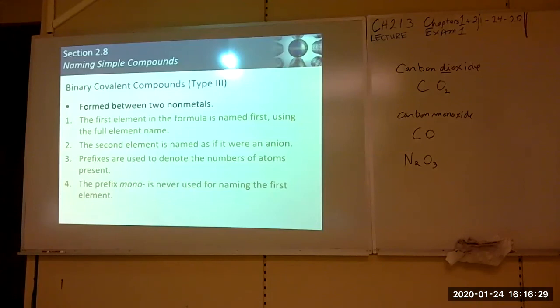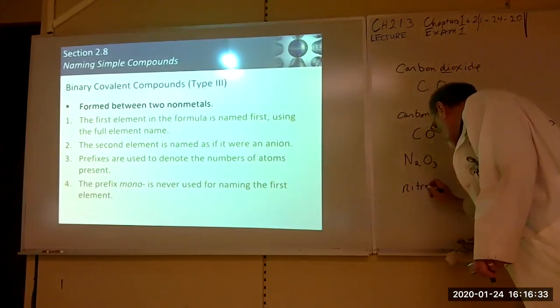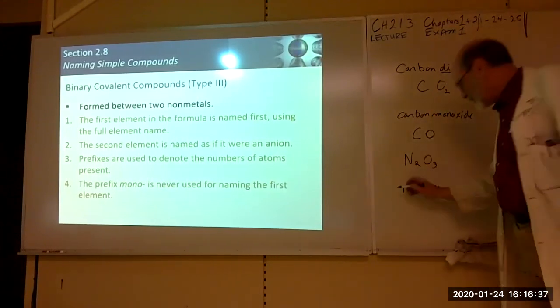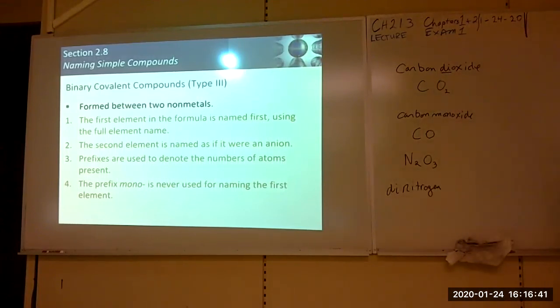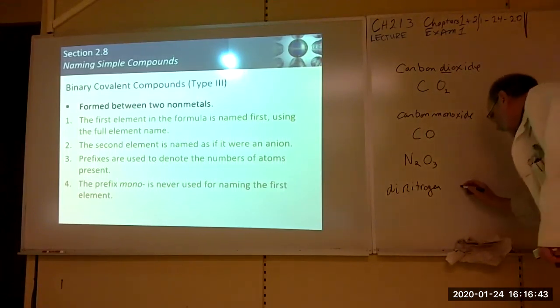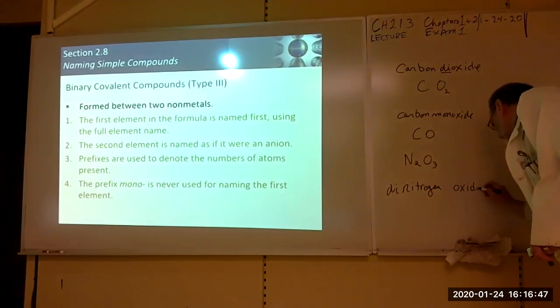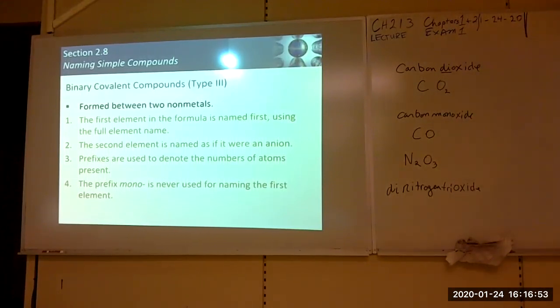Right. So, we got nitrogen, but we have two of them. So we say di. That's the Greek prefix for two. And oxygen, we say oxide, but we have three of them. So we say tri. Dinitrogen trioxide.